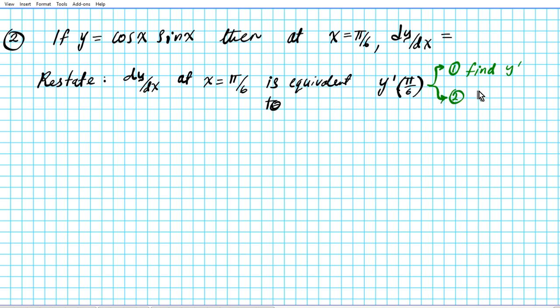Step 2 is to evaluate y' at the specified x value. So anytime you're looking for a derivative at a point, do not forget to break the problem up. You do the calculus step first, and then the algebraic step using the order of operations next. Don't forget that. Now, let's go ahead and rewrite the problem. y equals cosine x sine x.